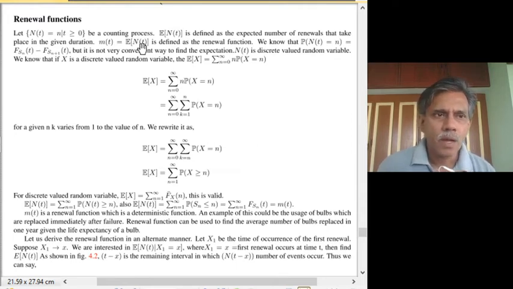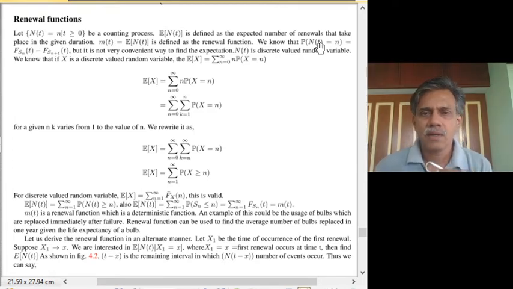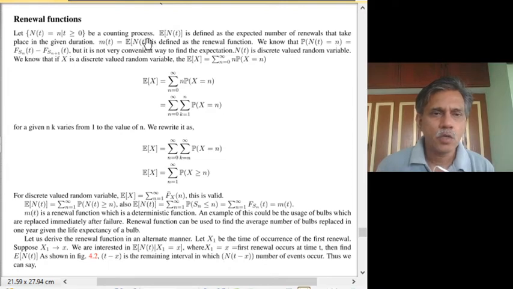So we have already seen that the probability that N(t) equals n, the probability that the number of renewals that would have taken place until time t, starting from time 0, is equal to n, can be arrived at using the formula P(N(t) = n) = F_Sn(t) - F_Sn+1(t). We derived this in the last lecture.